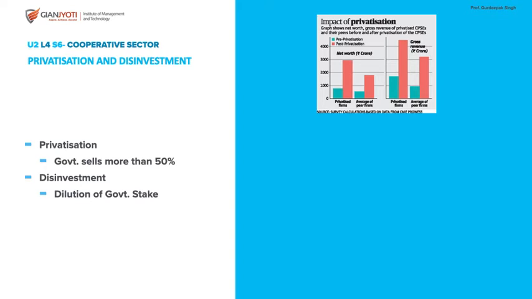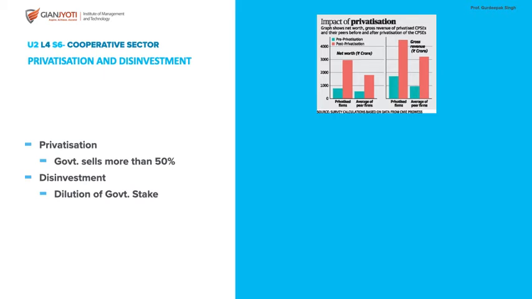When the disinvestment is to the tune of more than 50%, wherein the government control is less than 50%, that is what we call privatization, because the management goes into the hands of the private sector. But when we are diluting and keeping it below 50%, the stake which I am selling to the private sector, then we call that disinvestment.